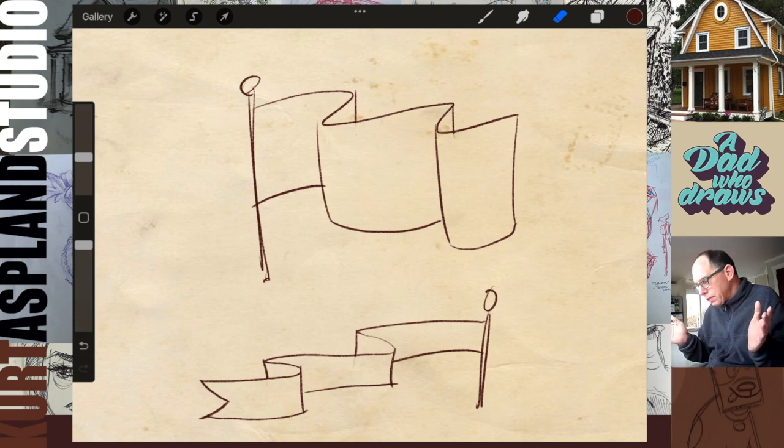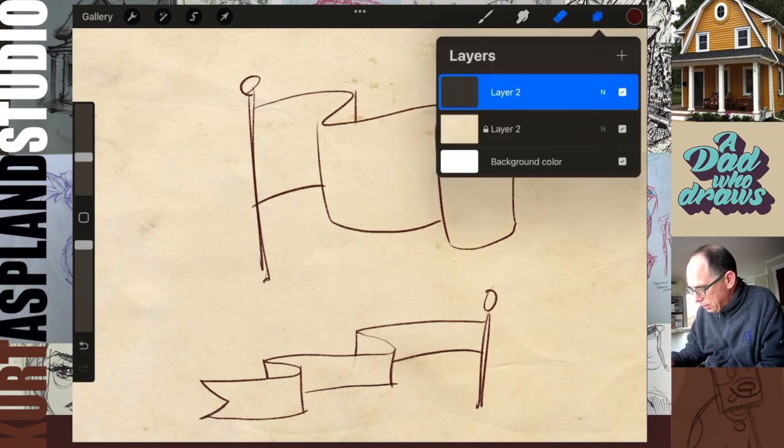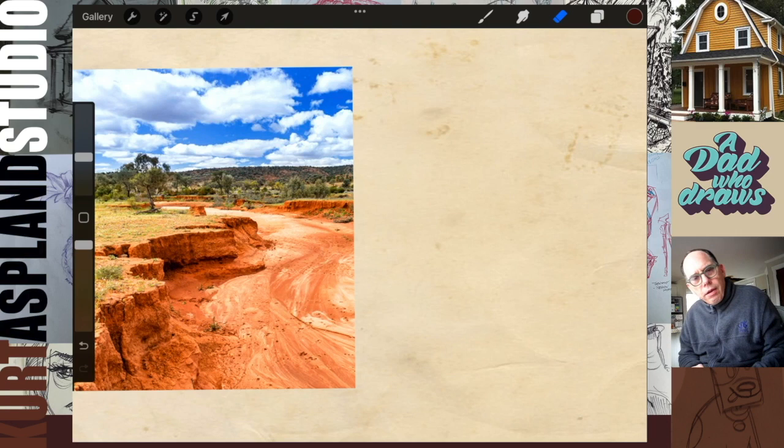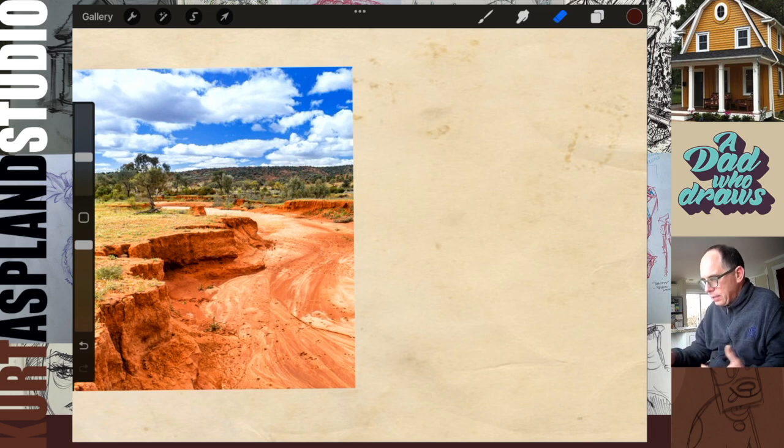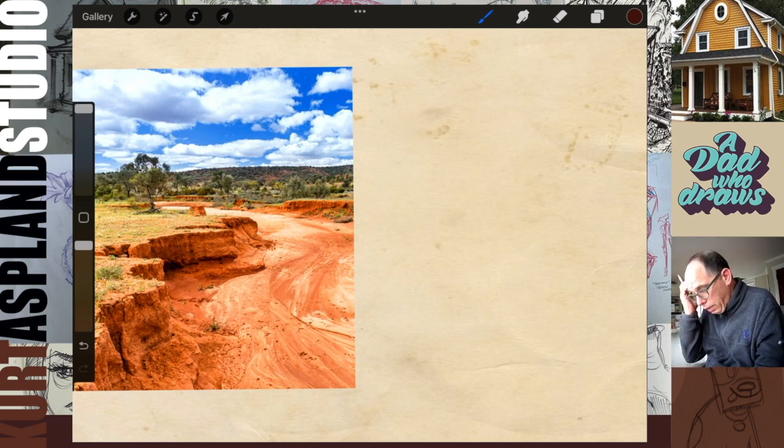So what does this have to do with drawing a bank? Well, I'm going to show it to you now. So just to get this idea right down. Okay, so how does this idea of drawing a riverbank incorporate into what we just drew, this flag? And you could kind of see where I'm going with this right in front of you.